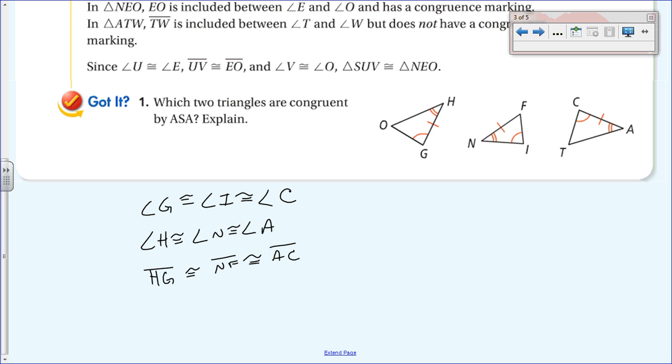So we know we have pairs of angles and congruent sides. Now we have to narrow down which of these sides is the included side between these angles.